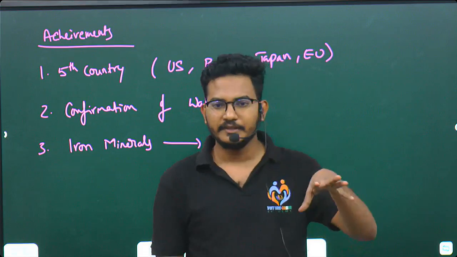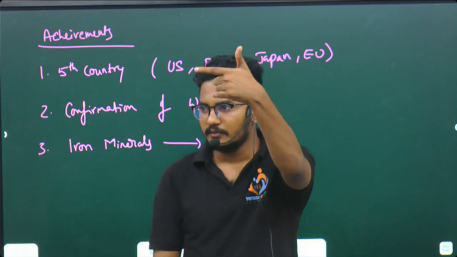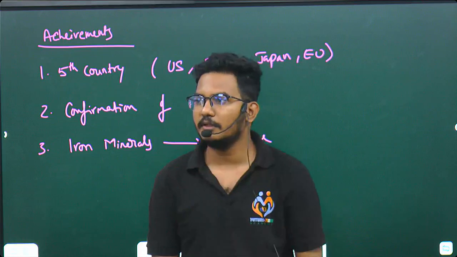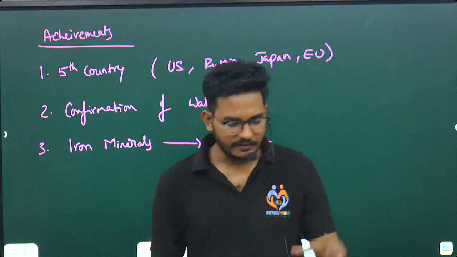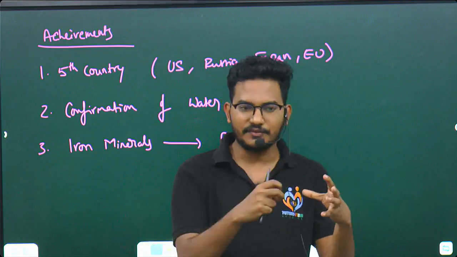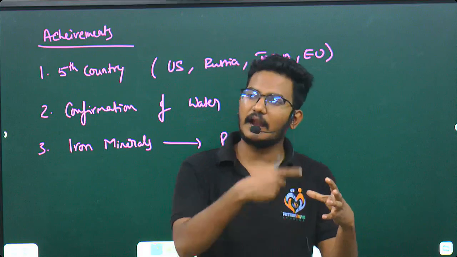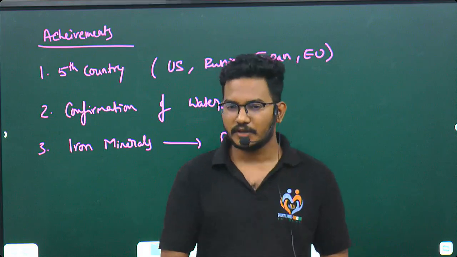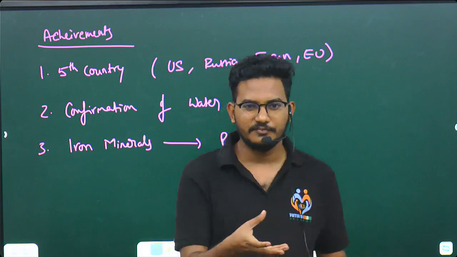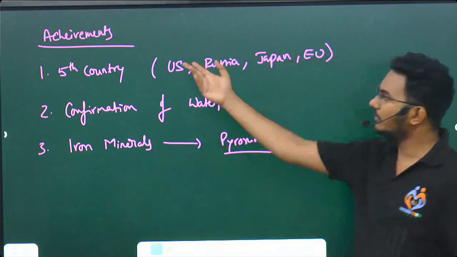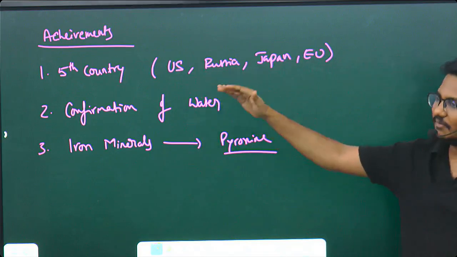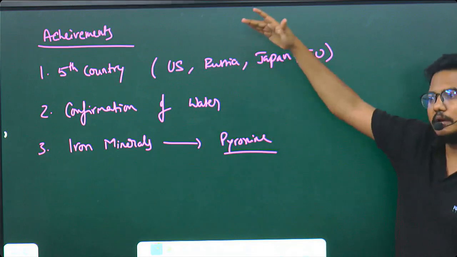One is the moon, second one is poles. These two things are saving us from asteroids. Whenever an asteroid hits a surface, a crater will be formed, which means a kind of hole. All these countries observed the moon surface from 200 kilometers.